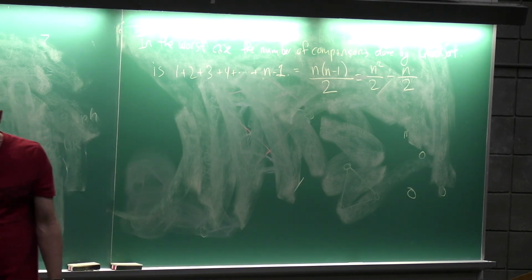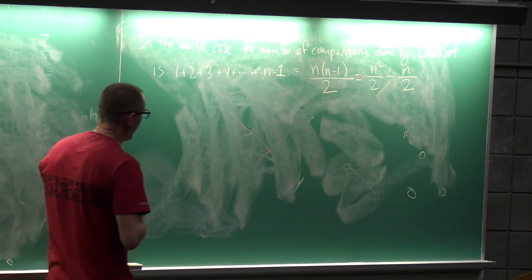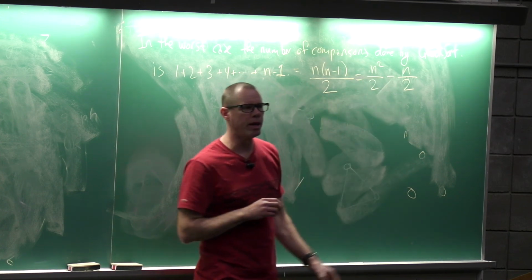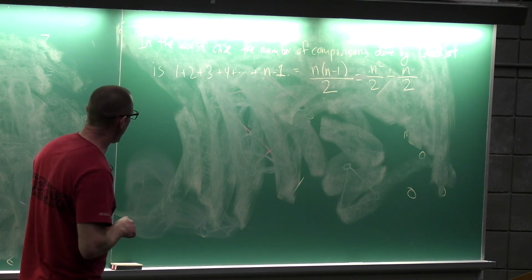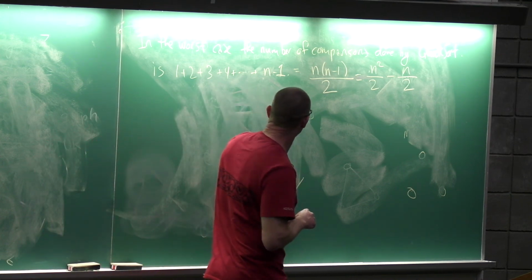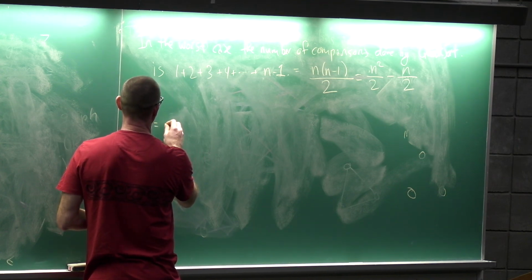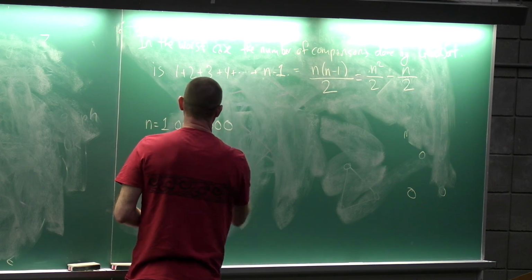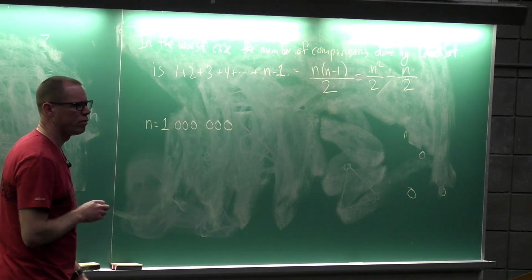Now, most of you haven't done too much study of algorithms yet, but this n squared is not something you like to see when you look at the running time of an algorithm. The way I like to think of it is to consider what happens when n is 1,000,000. 1,000,000 is not a lot, right? If these were bytes, that's a megabyte, but if they're integers, that's 4 megabytes.